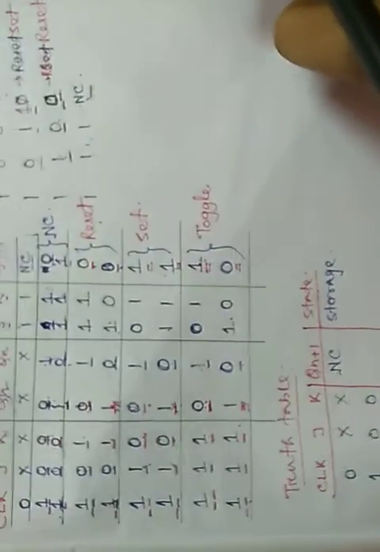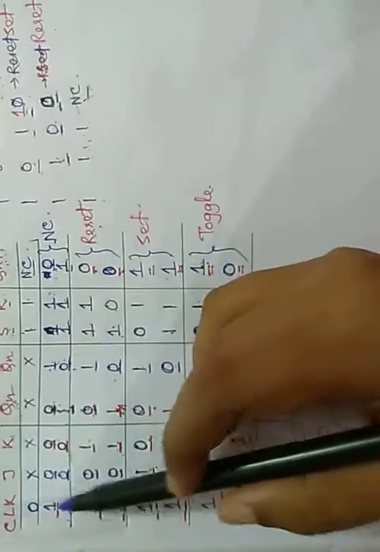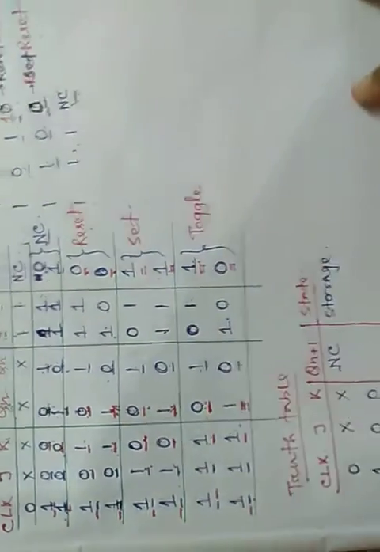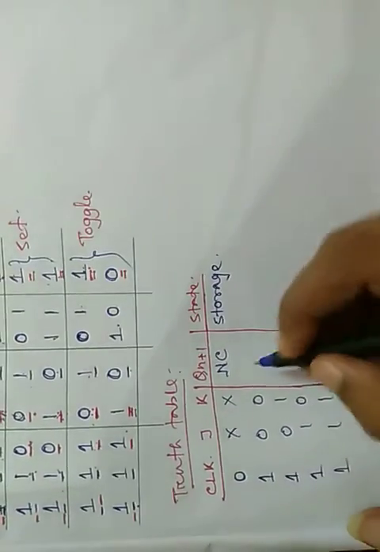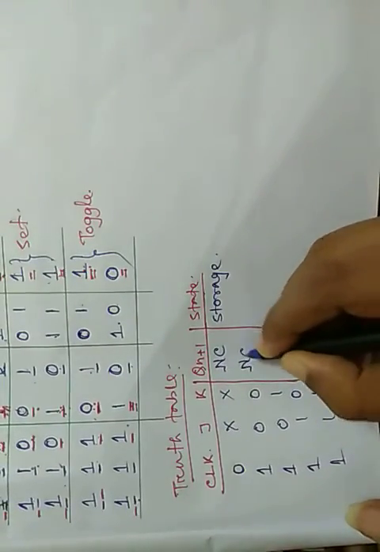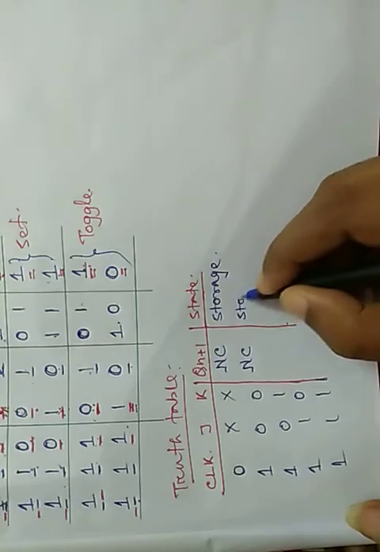Okay, now let us see. When clock is 1, J 0, K 0, we came to the conclusion it is no change. So we can write here no change, and it is also storage.